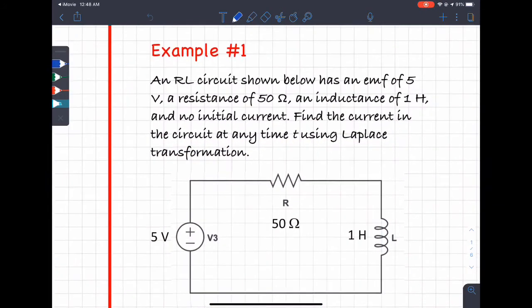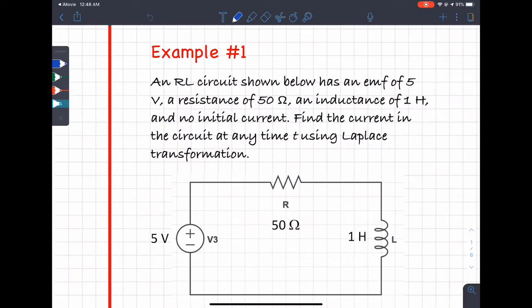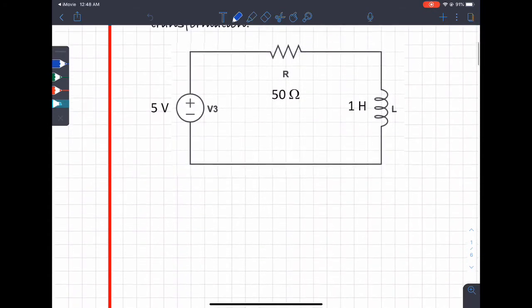So let's have an example involving an RL circuit, which is shown below. It has a voltage source of 5 volts, a resistance of 50 ohms, and an inductance of 1 Henry. We are to find the current in the circuit at any time using Laplace transformation.